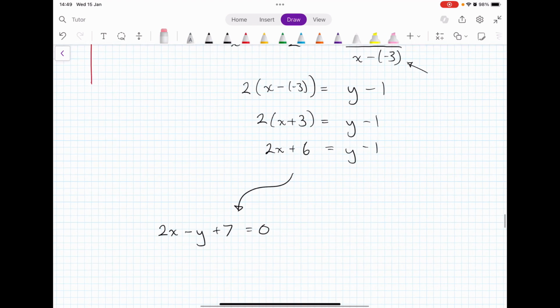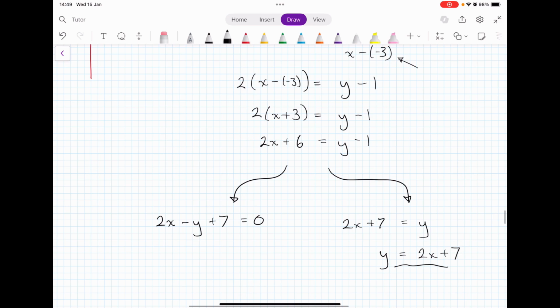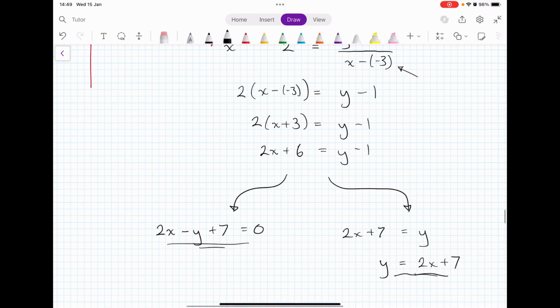Or you could write it in the form y is equal to mx plus c. In this case, the easiest way is to bring the minus 1 across the equal sign, so 2x plus 7 is equal to y. Then flip it around, so y is equal to 2x plus 7. And that will be your final answer.